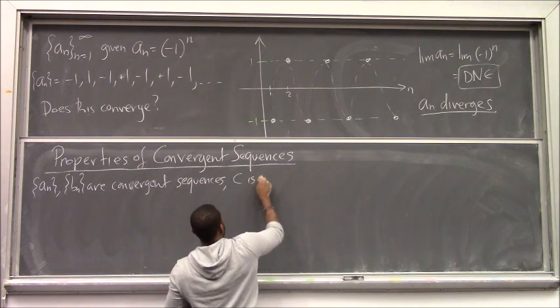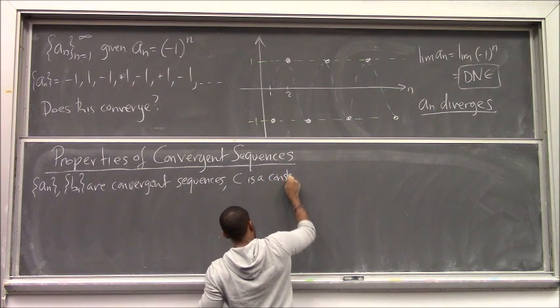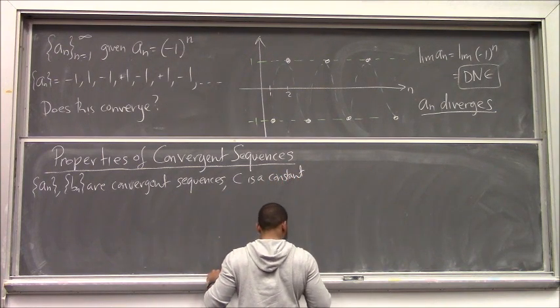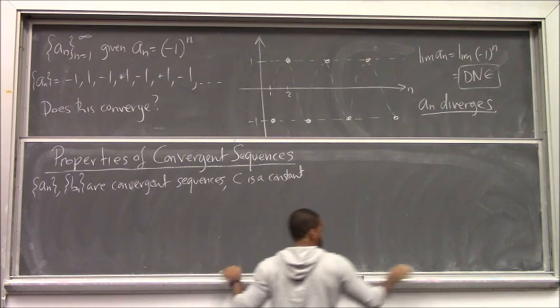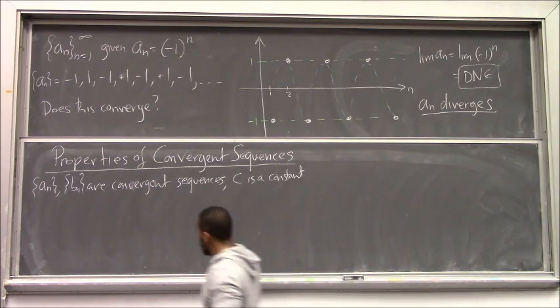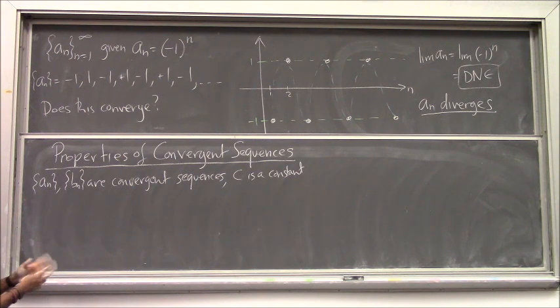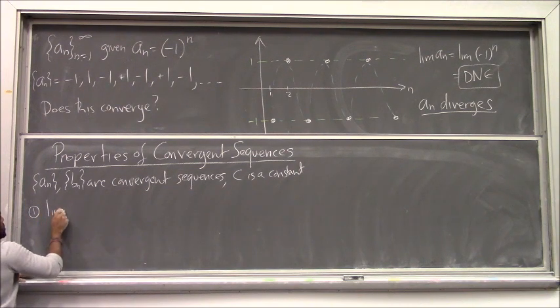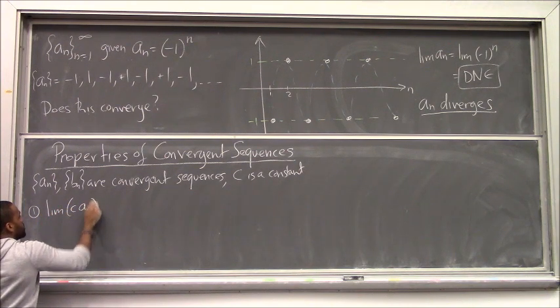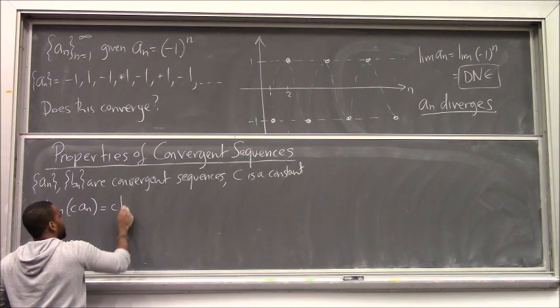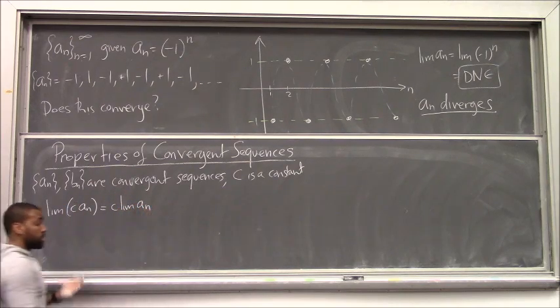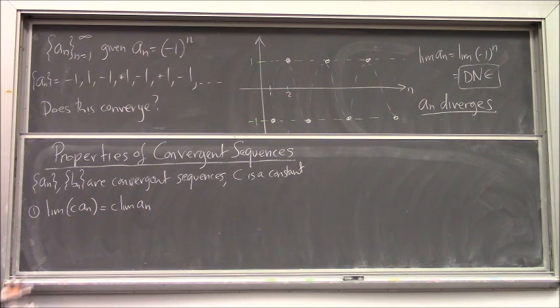C is a constant. Here are some facts. These are things that you can assume to be true whenever you're dealing with sequences and you're algebraically manipulating things. One, if you take the limit of a constant times a sequence, it is just a constant times the limit of the sequence. You can factor constants outside of limits for sequences. So that still works. That's good.